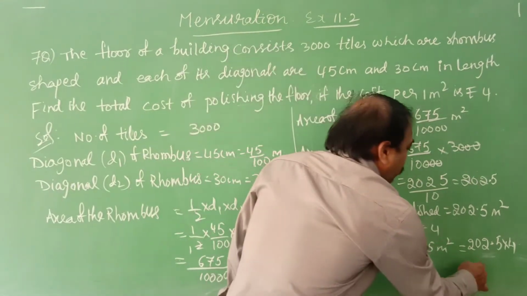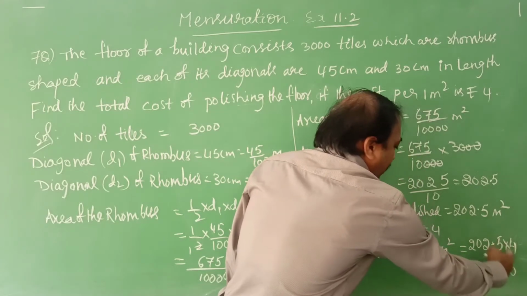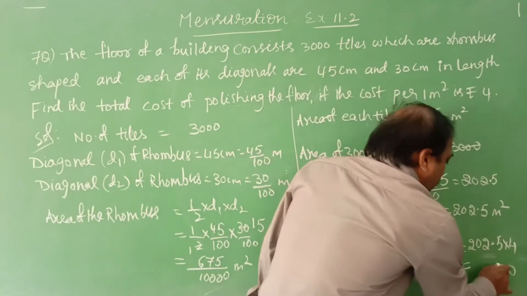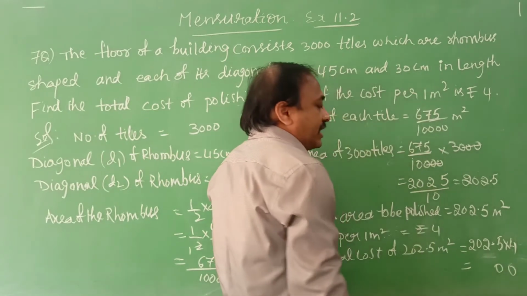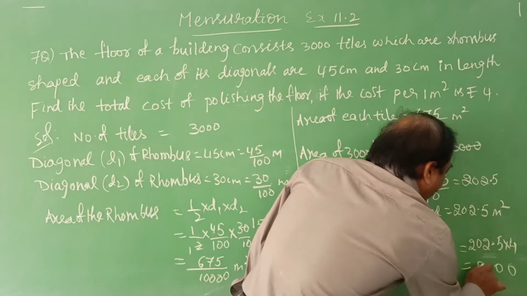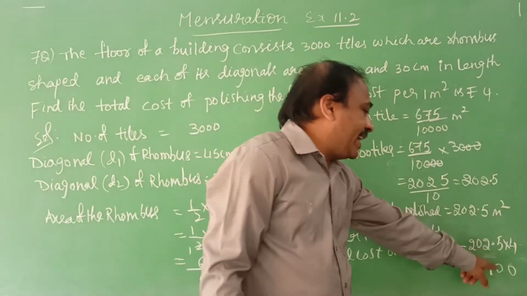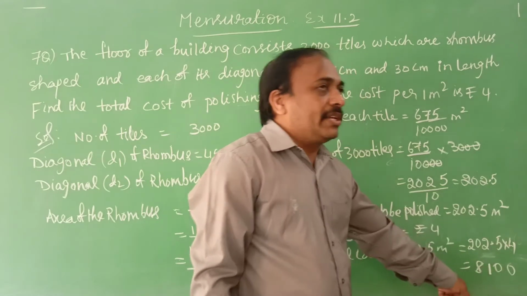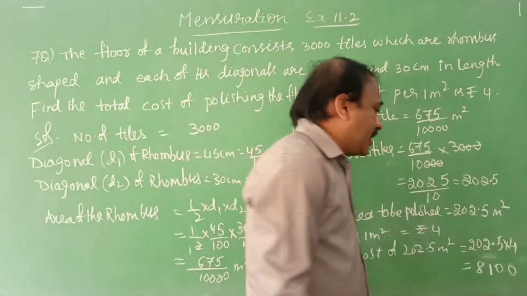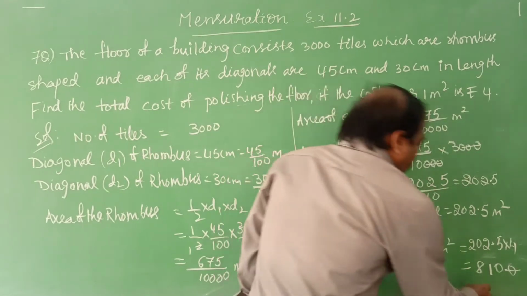So 4 5s are 20, 0 and 2 remains. 4 2s are 8 plus 2 is 10, 0 and 1 remains. 4 zeros are 0 plus 1, 4 2s are 8, and the decimal point. So 810 rupees.